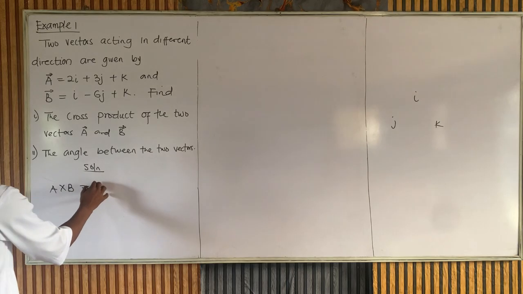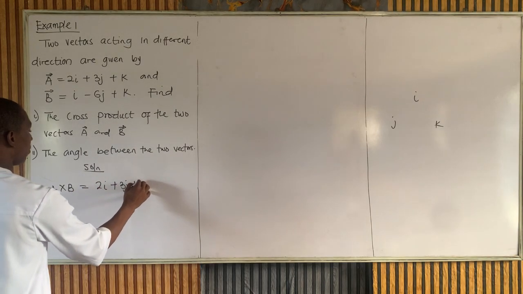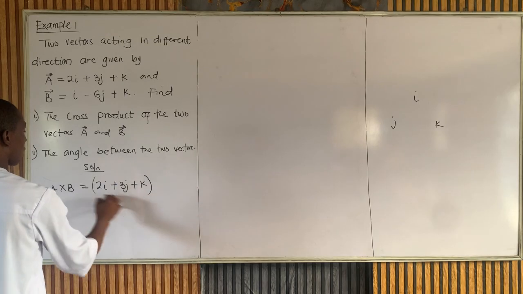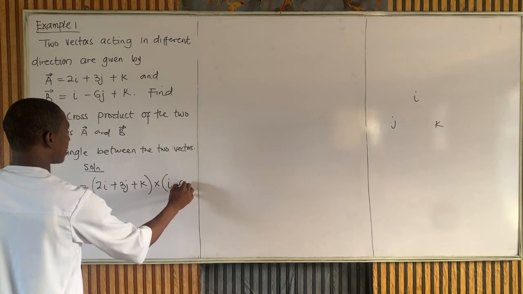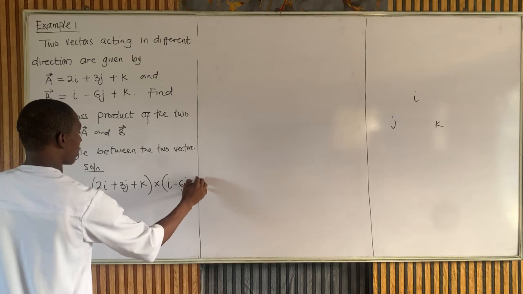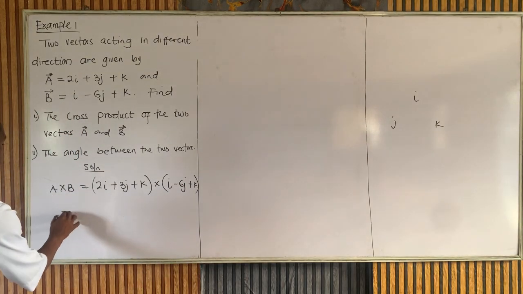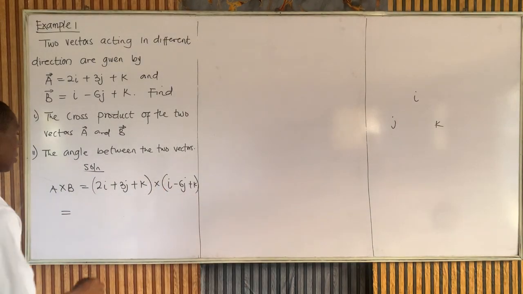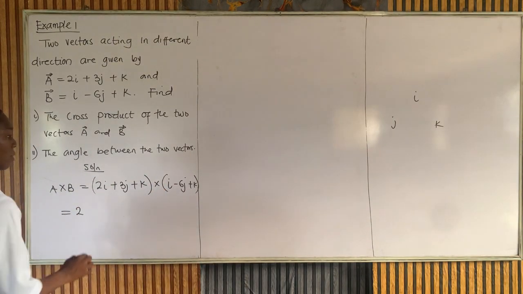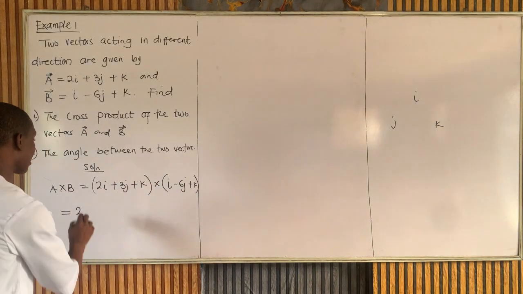this will give us 2i plus 3j plus k cross i minus 6j plus k. So let's begin now. 2 times 1 will give me 2. I cross I, when you cross two same things, you get 0.